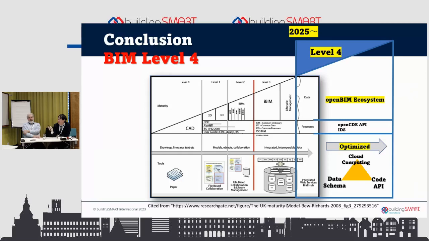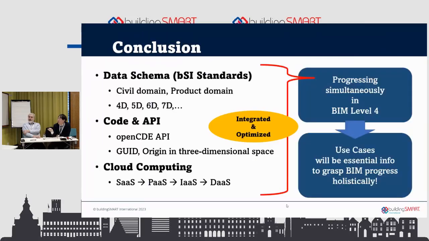And optimizing those 3 is today's conclusion. The next presenter is Konstantinos, and his title is use cases. But I want to connect using this slide. So we should study all those 3.